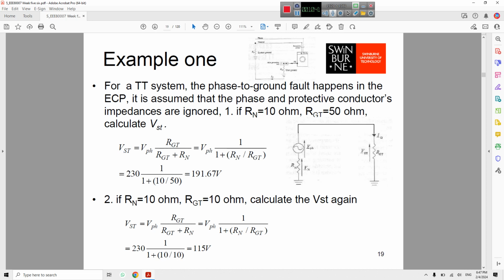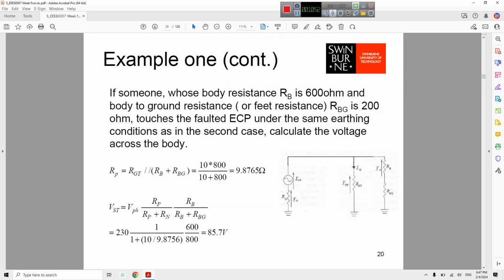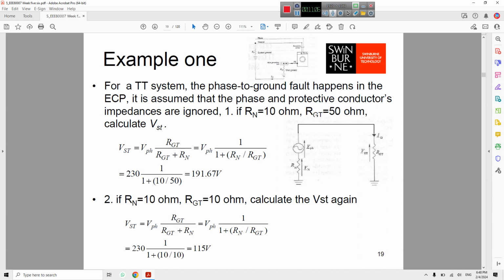Then based on this system, the second value, if somebody touches the ECPs, the voltage across that one is VST, you can calculate the VT here. This is not VST, I think this is wrong. Which is equal to RGT equal to 10. This is equal to this value.